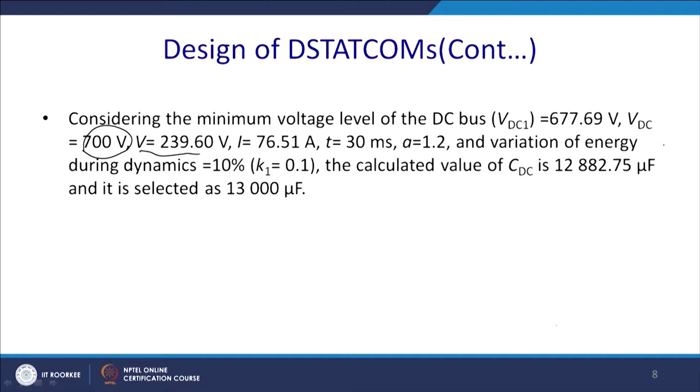The variation of the energy during the dynamics, K1, is assumed to be 10%, and from there we can calculate the value of C_DC. So, we can select it in the range of around 13,000 microfarad or 13 millifarad.